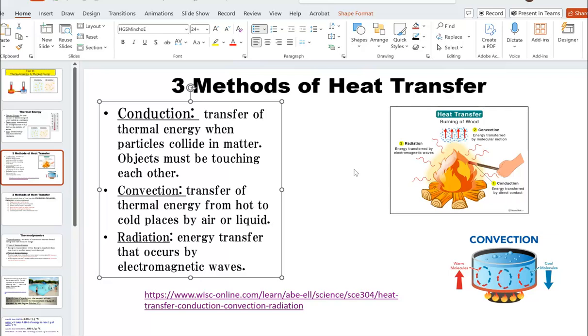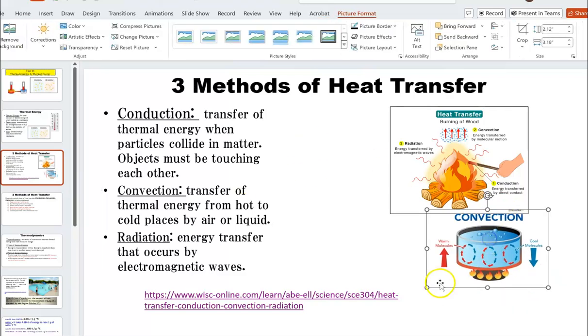Sometimes gases and liquids are called fluids. That's what I was trying to get at. So convection is like you've got this constant movement in a liquid or in a gas from warm areas to cold areas.